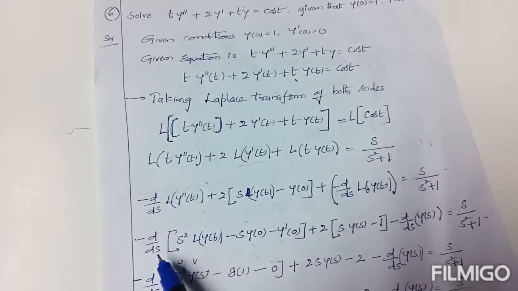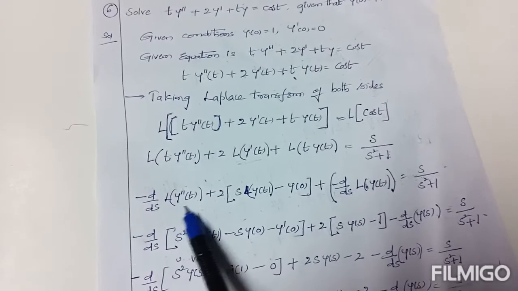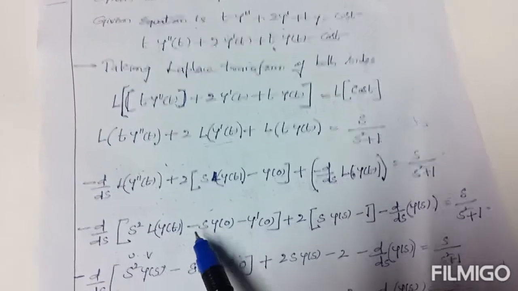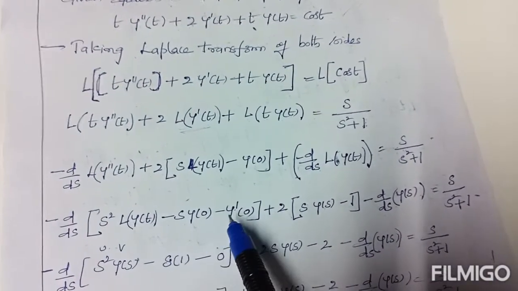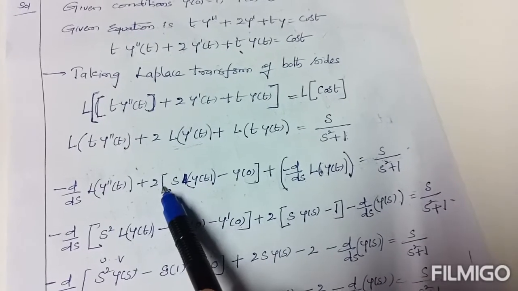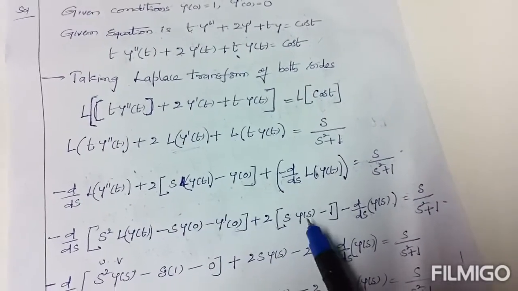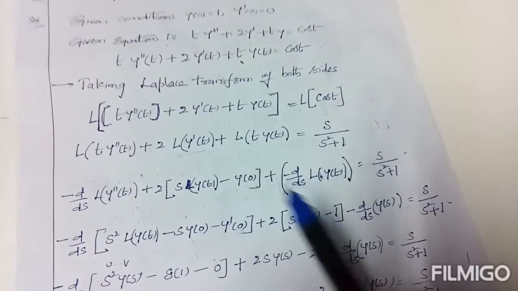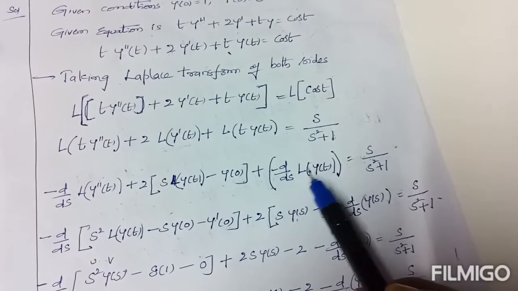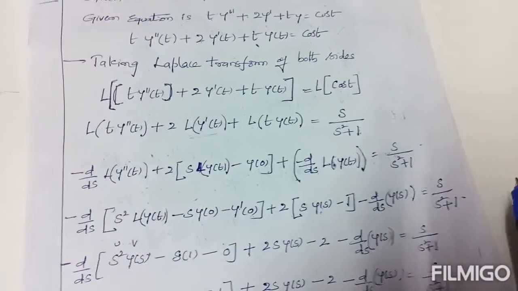Now minus d by ds of L of y double dash of t, this is a standard formula, s square L of y of t minus s into y of 0 minus y dash of 0, plus 2 into the second term, 2 into s into L of y of t is y of s, y of 0 is given as 1, minus d by ds of L of y of t is y of s, right side as it is.